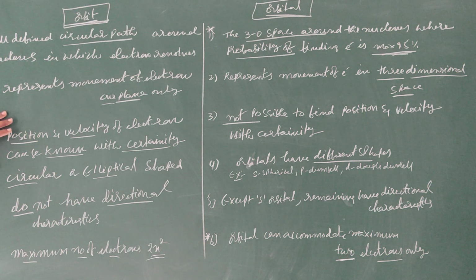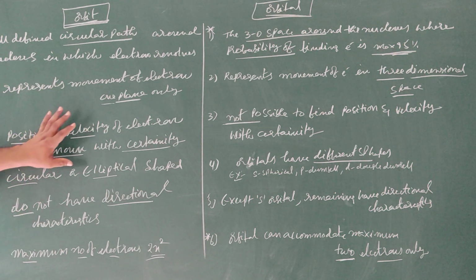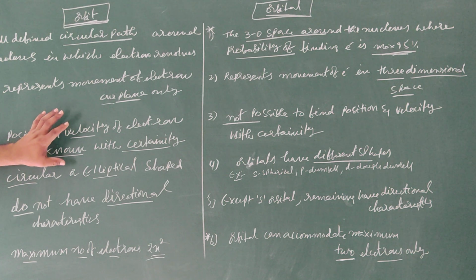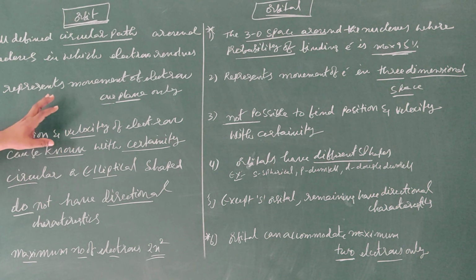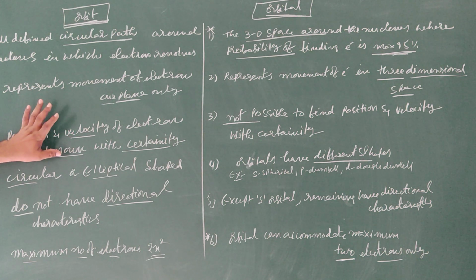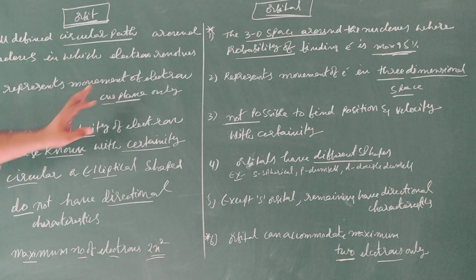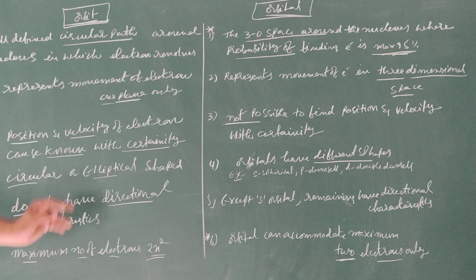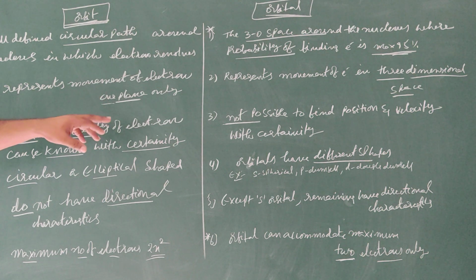In an orbit, the position and velocity of the electron can be known with certainty. In an orbital, it is not possible to find position and velocity with certainty.